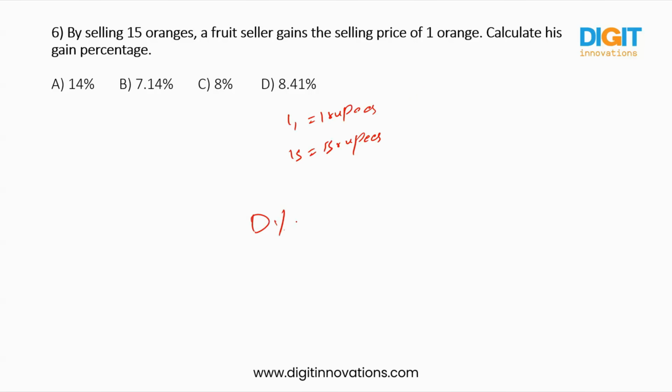So gain percentage, I can use the discount here, discount by market price into 100. Discount, how much discount did you get here? 1 rupee. Plus 15, sorry.